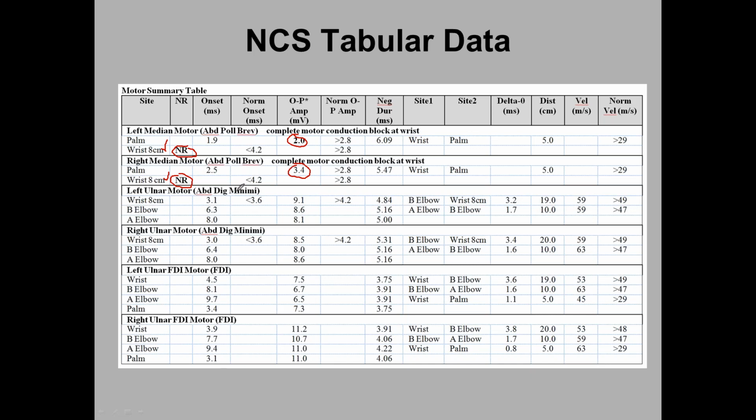Now, sentence two is everything else. We start with what's abnormal and most significant, and then we identify what's normal.